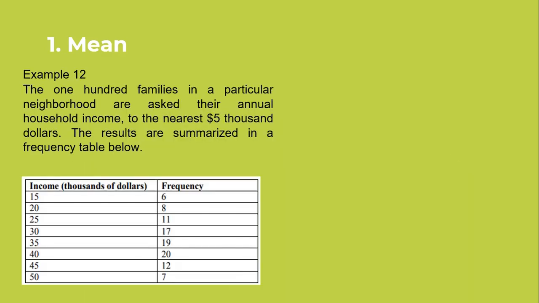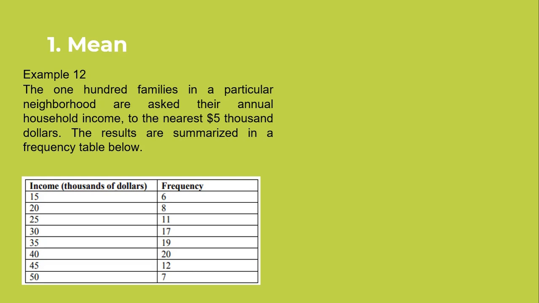Okay. Another example. 100 families in a particular neighborhood are asked their annual household income to the nearest $1,000 or $5,000. This is a US example. The results are summarized in the frequency table below.